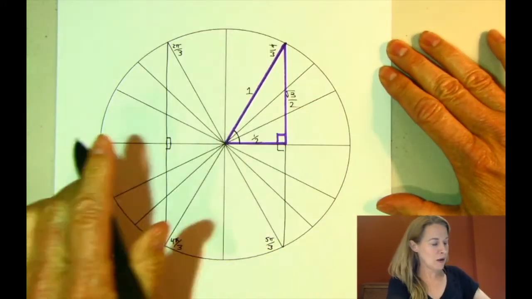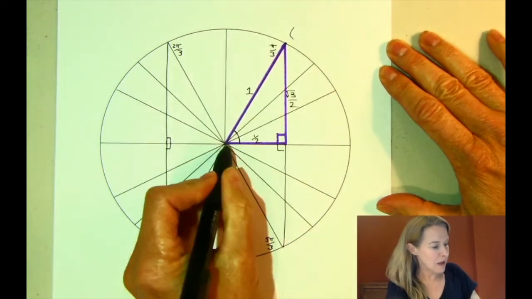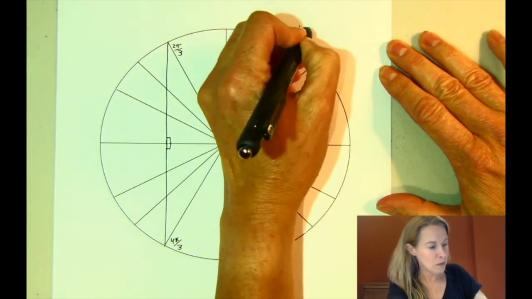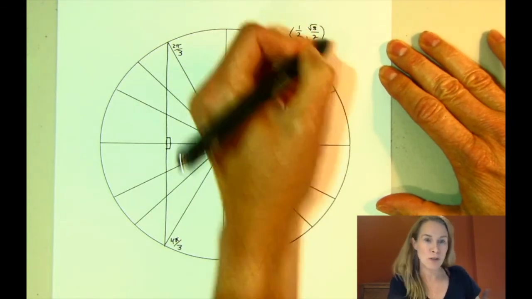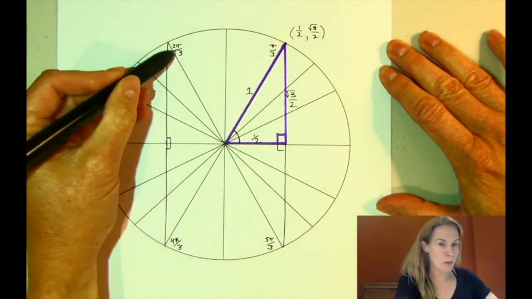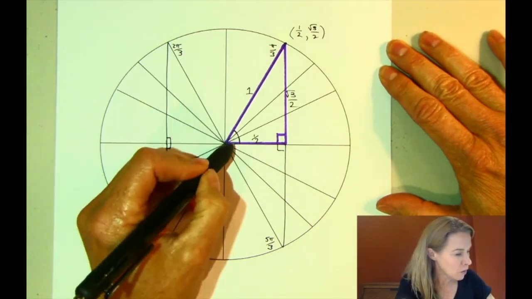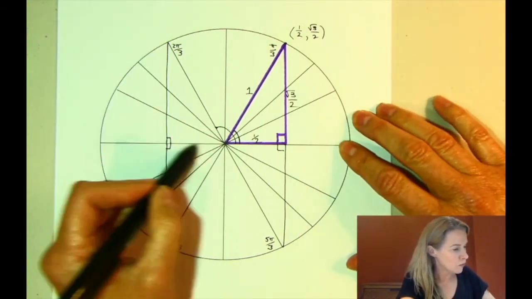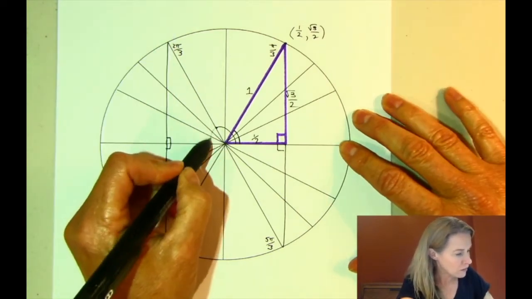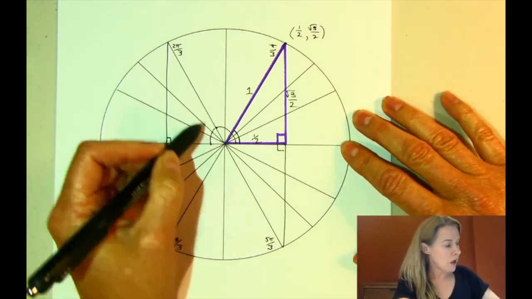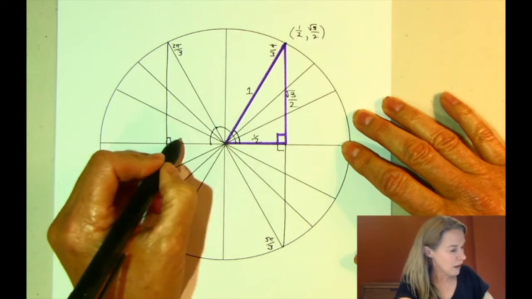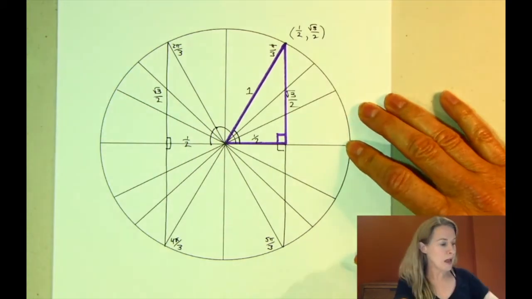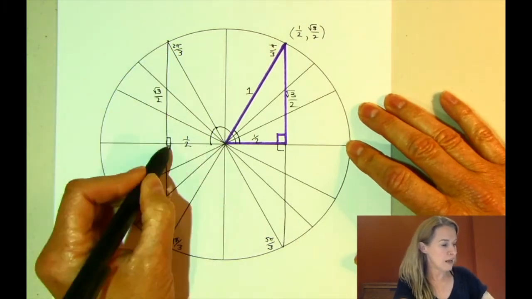So as we go around for each of these, I'm going to have the x-coordinate be positive 1/2, and the y-coordinate here will be positive root 3 over 2. For 2 pi over 3, which is the angle that comes all the way around to here, the triangle is this one here, this angle here still is 60 degrees, and so I've got 1/2 here, and again root 3 over 2, but as I write them as coordinates, I've got negative and positive.